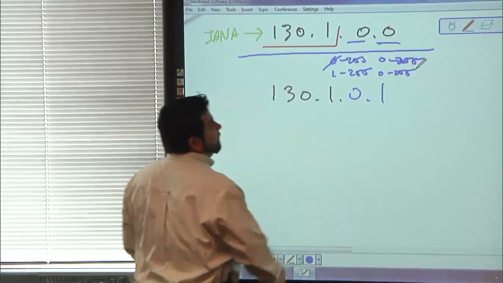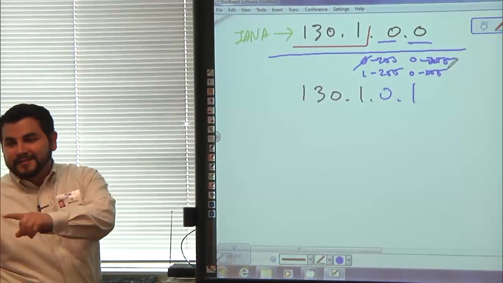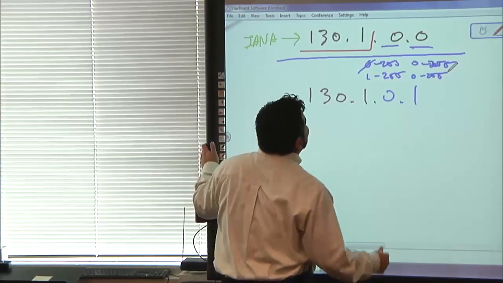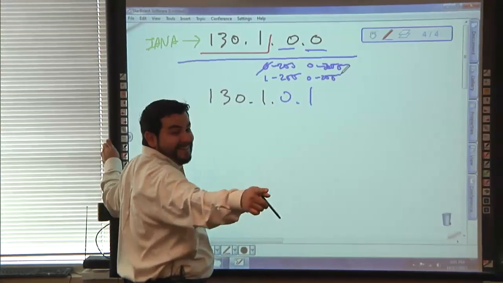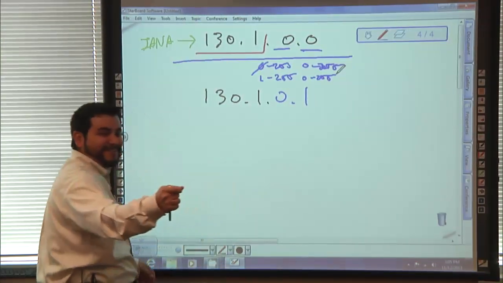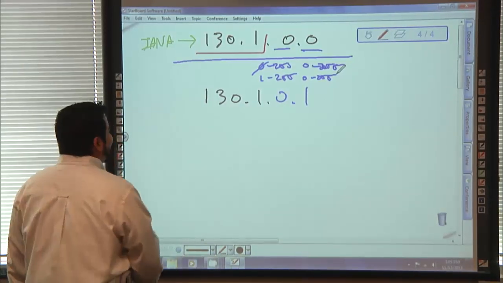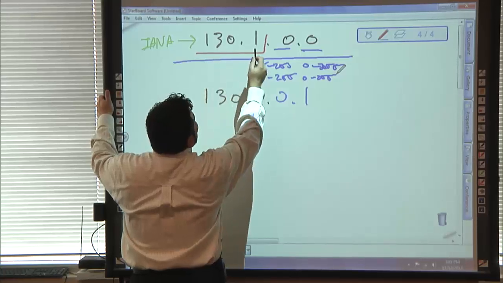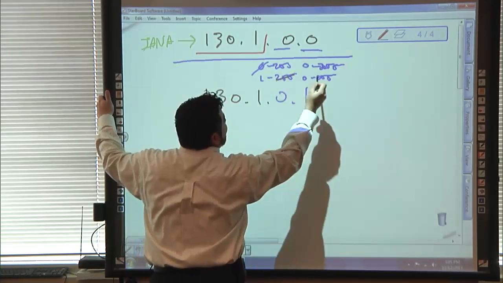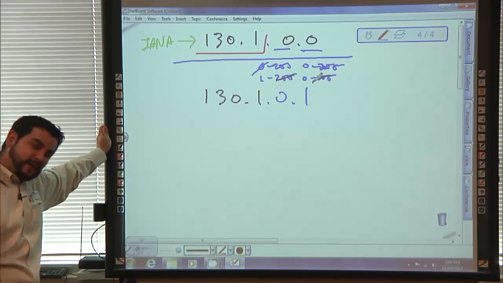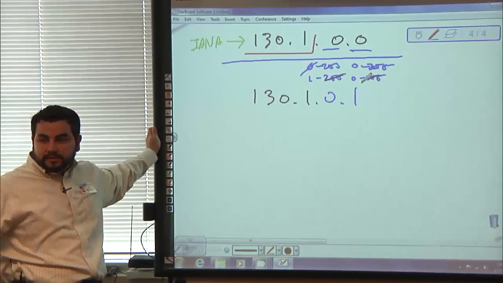130.1.255.255. That's correct. It won't be used because that's the broadcast, the very last IP address that they all use to talk to each other.